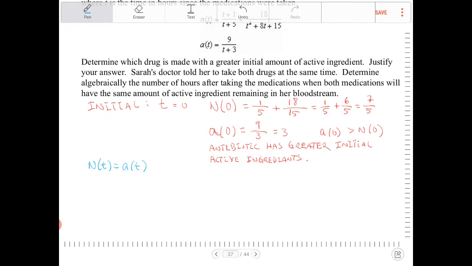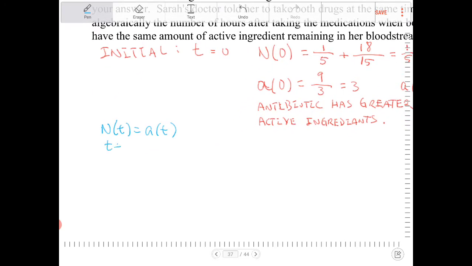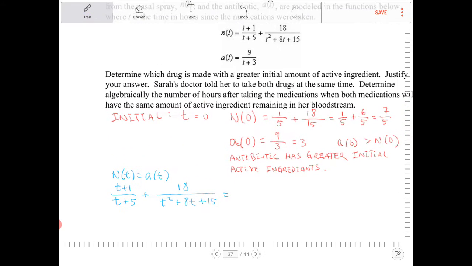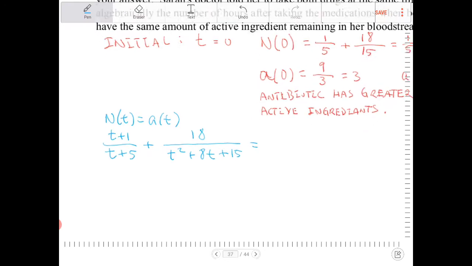So let's write that out. So we have t plus 1 over t plus 5 plus 18 over t squared plus 8t plus 15, and that is equal to 9 over t plus 3.